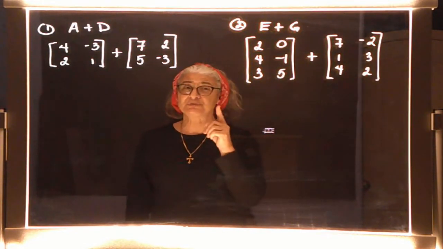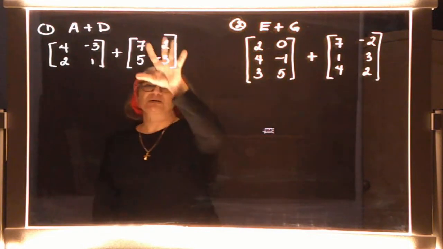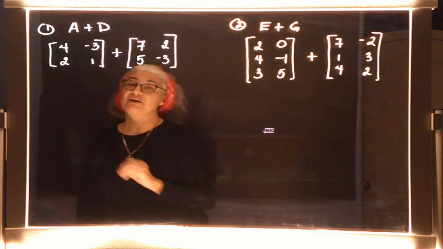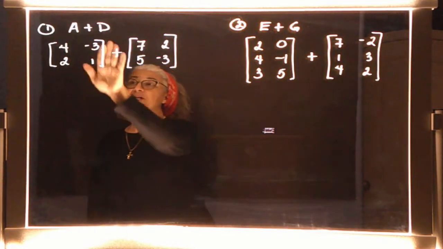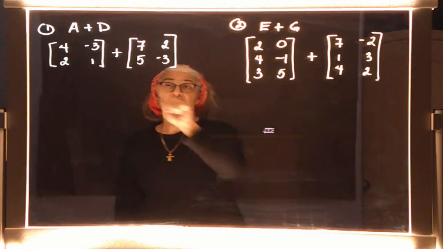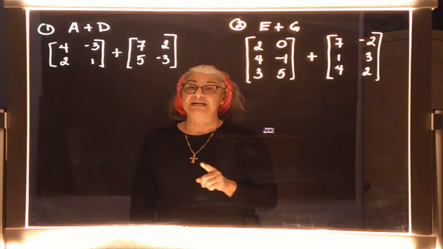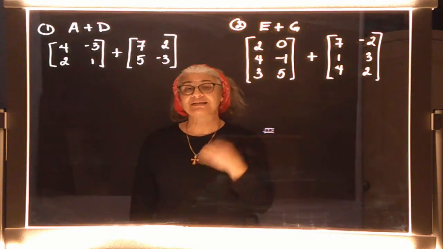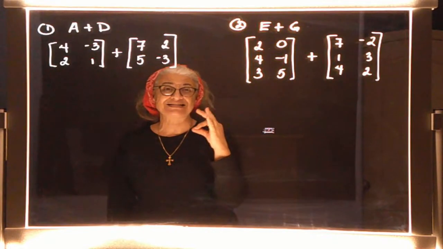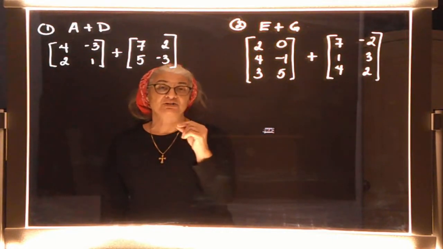You are actually superimposing one matrix on top of the other. There are 4 numbers in matrix A. There are also 4 numbers in matrix D.